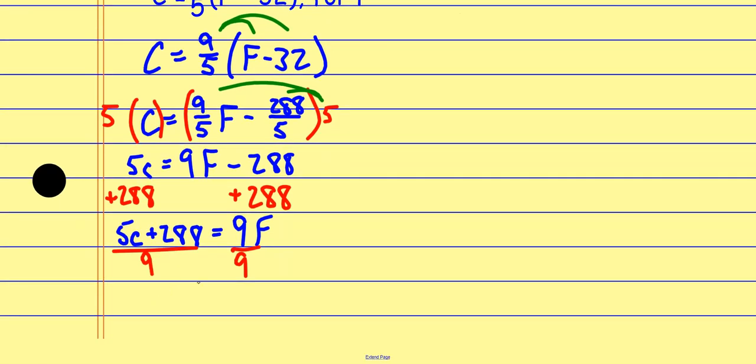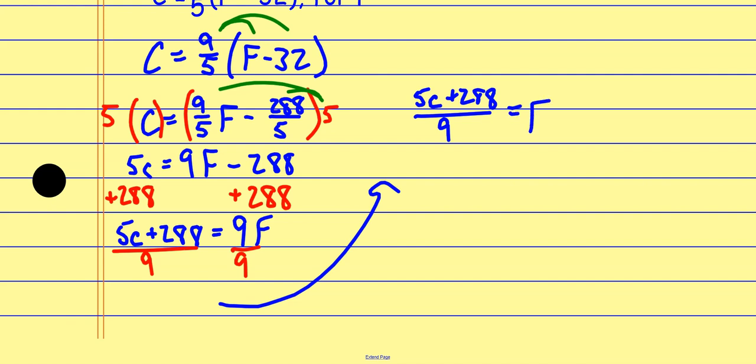Let me write it up here. I end up with 5C plus 288 over 9 equals the F. And that would be a perfectly acceptable way to write this. You could say F equals 5C plus 288 all over 9. And that would be your answer.